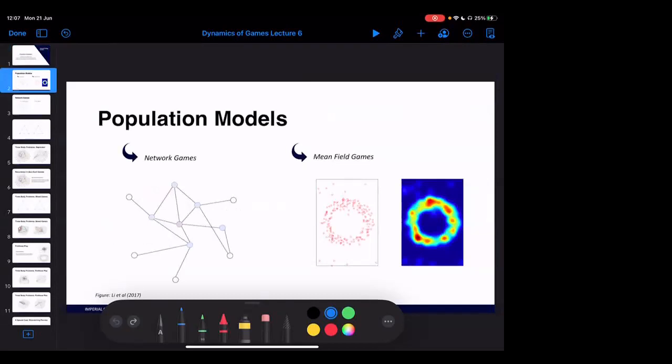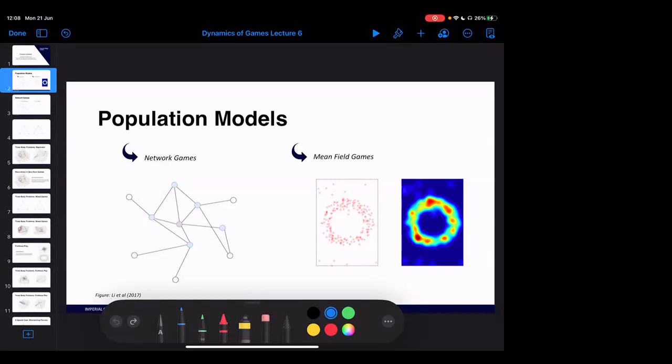Today we're going to be focusing on the first one, the network games, in which essentially the idea is we take this population and we impose a structure on it so that not everyone is interacting with everyone, but rather, let's say we have a social media network, or maybe just through family and friends, people are interacting with who they are connected with, and those people then interact with their friends and family, etc. So we've imposed some kind of structure on the interaction in this population.